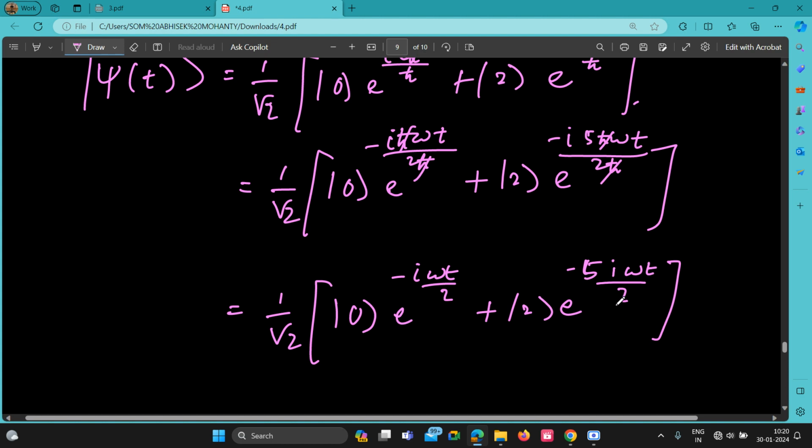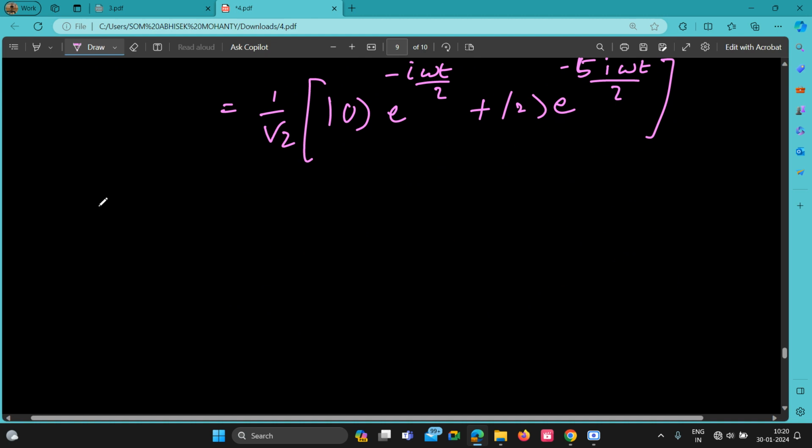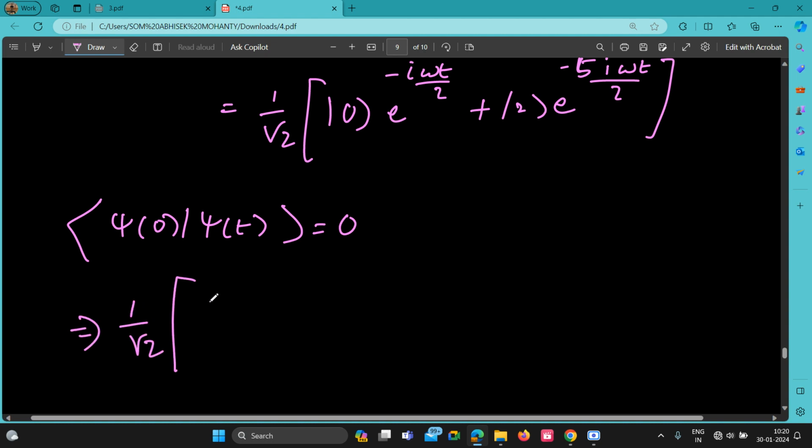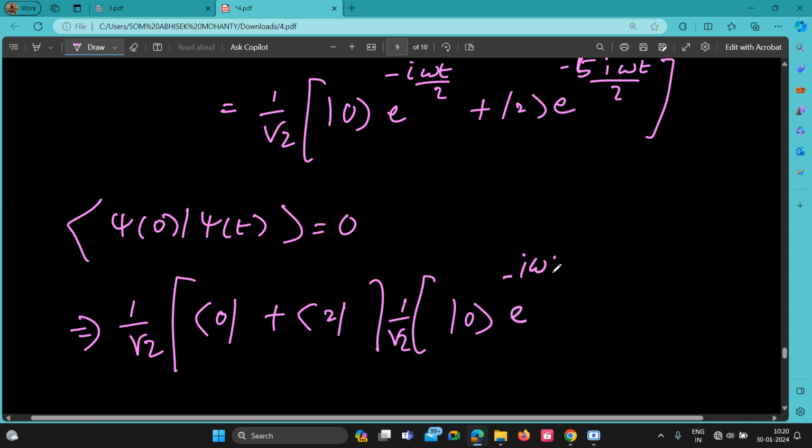Now after time t they will be orthogonal. Orthogonal means the inner product of psi 0 and psi t should be 0. So 1 by root 2 (<0| + <2|) times 1 by root 2 (|0> e to the power minus i omega t by 2 plus |2> e to the power minus 5 i omega t by 2) is equal to 0.